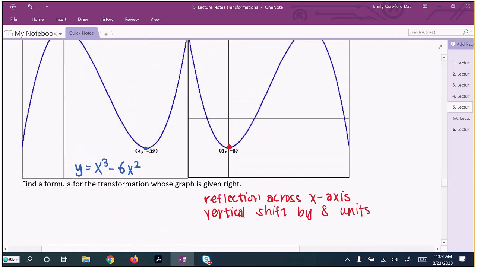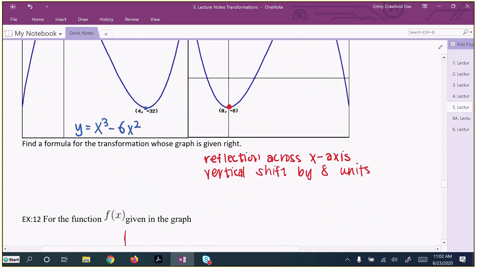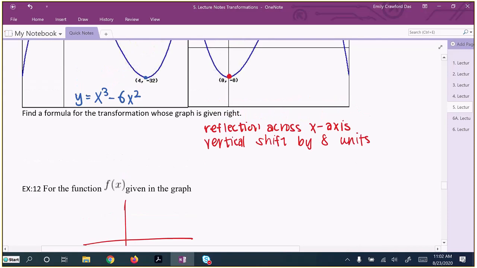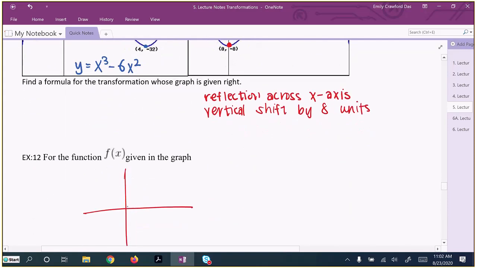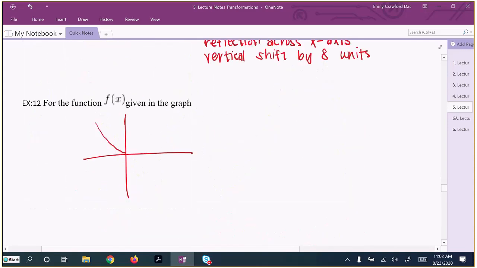So we'll remember what our original graph looks like. And let's just sketch what it would look like if we reflected it first across the x-axis. So I would have still the point 0, 0, but now coming down to 0, 0, and then going up to this hump and then back down.